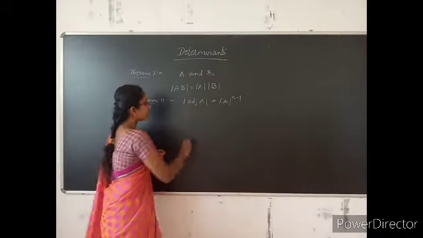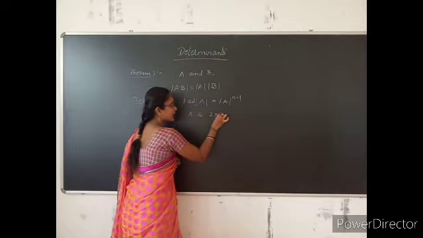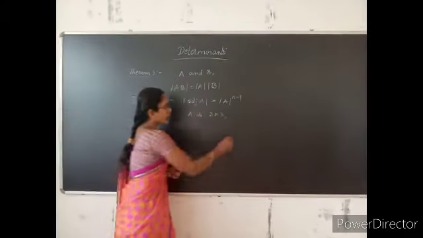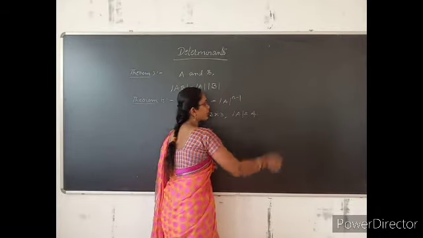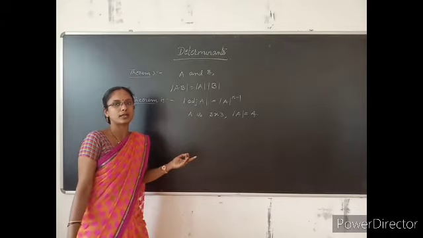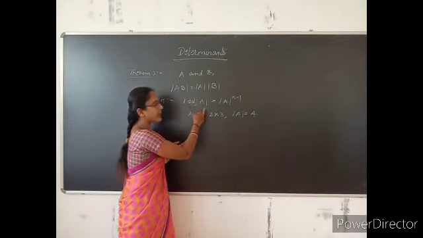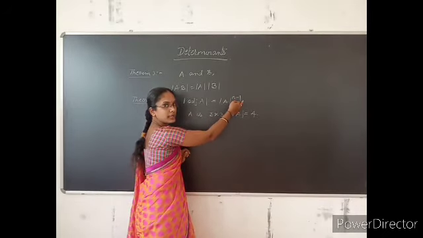For example, suppose A is a square matrix of order 3 by 3, and you know the value of the determinant is equal to 4. The question is: what is the determinant of adjoint A? The determinant of adjoint A is equal to determinant A to the power n minus 1.